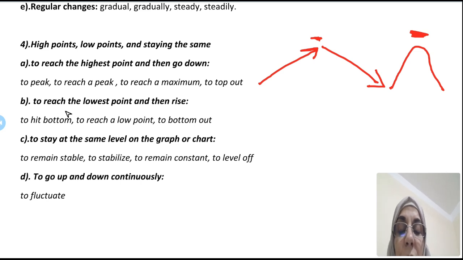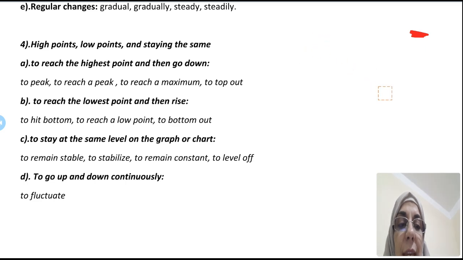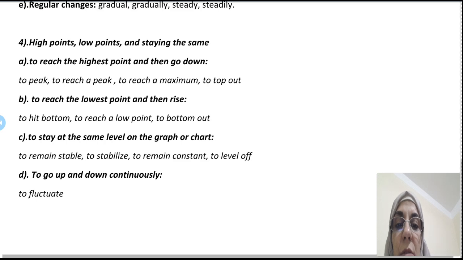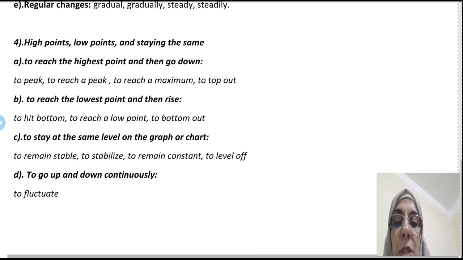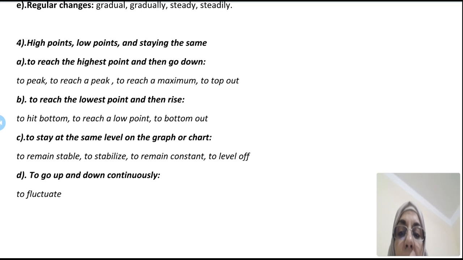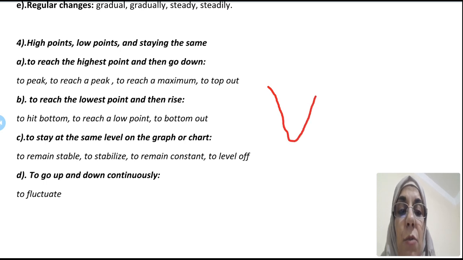Okay, now the second situation, so I should clean these in order to draw further images or further examples. Okay, to reach the lowest point and then rise. So to reach the lowest point and then rise.